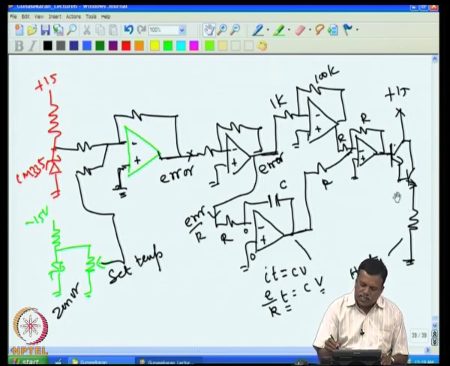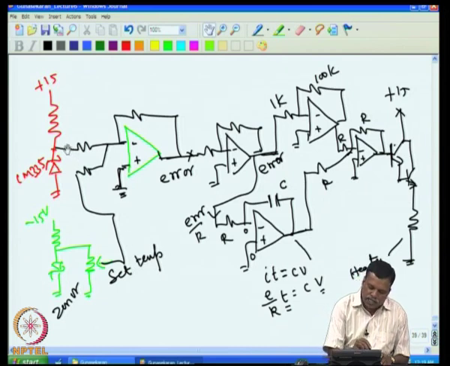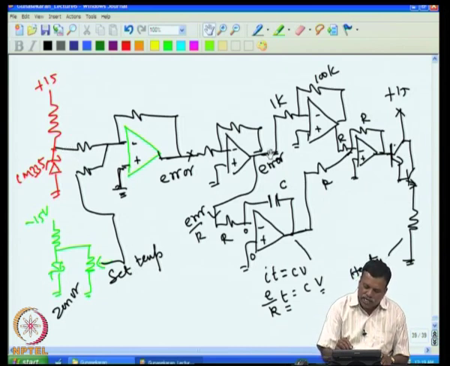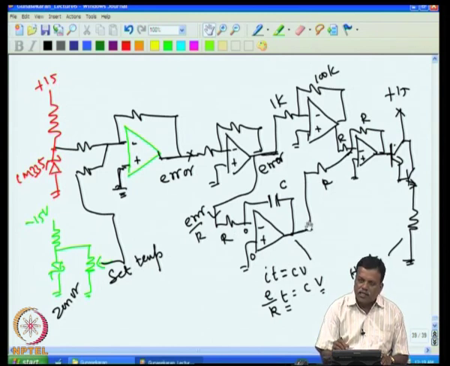You may ask what happens if the temperature goes higher than the set value. Then the error becomes minus, and the minus makes the reverse current flow, which means the capacitor will discharge and the voltage will reduce, and this voltage also will reduce.